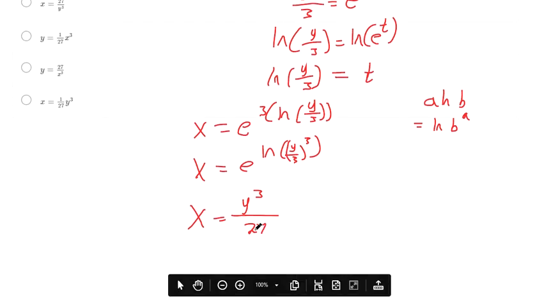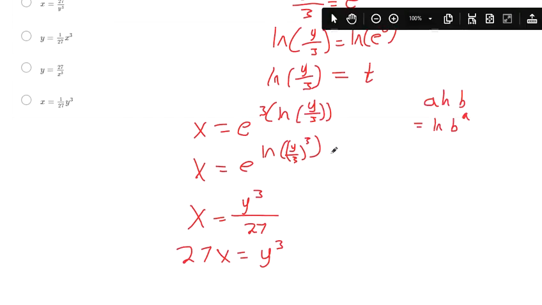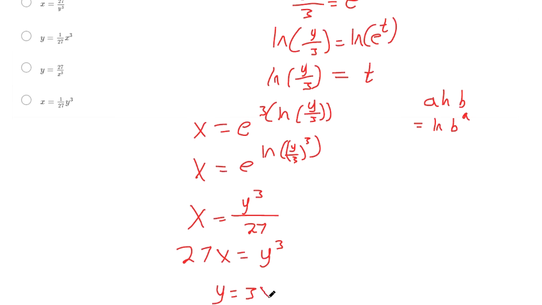I don't see that in the list, so similar to other problems we've done here in Newton, let's rearrange. I'm going to multiply 27 to both sides. And then we have to cube root both sides to get y by itself. So y is going to be, the cube root of 27 is 3, and that's x to the 1/3 power.